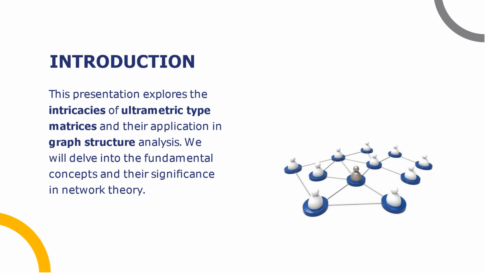A graph of ultrametric type matrices is the graph that represents the connections and roots of a non-singular ultrametric matrix. An ultrametric matrix is a symmetric matrix that satisfies the strong triangle inequality, which means that the distance between any 2 points is less than or equal to the maximum of the distances to a third point.